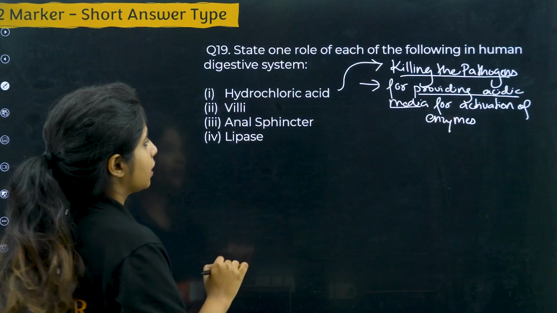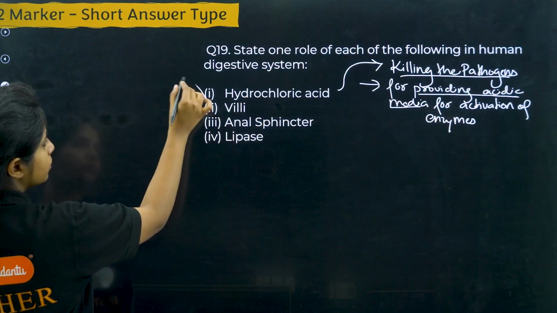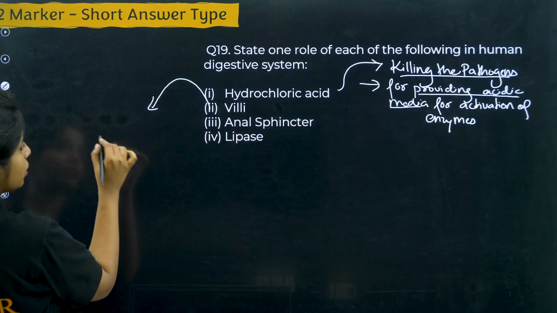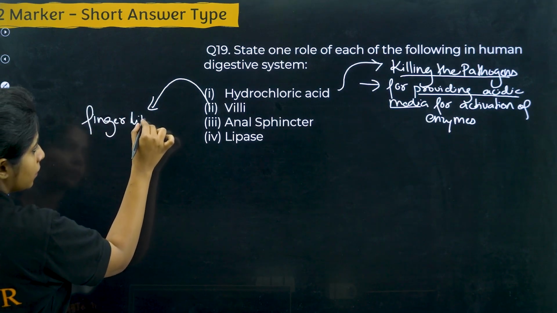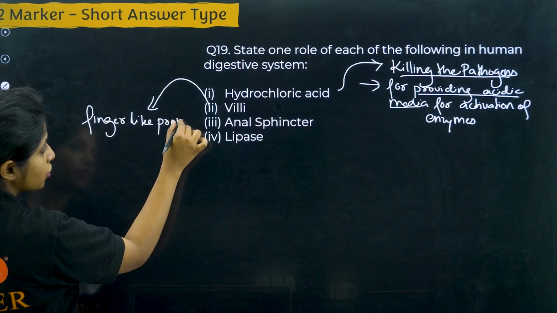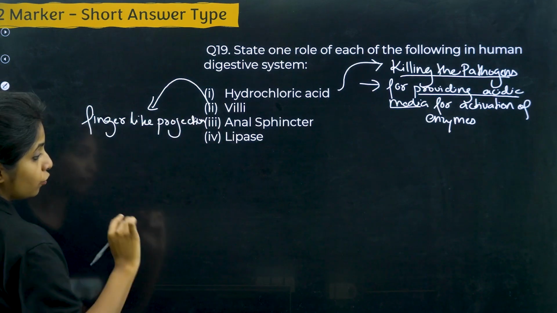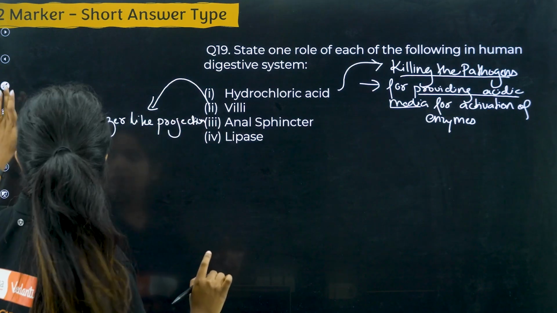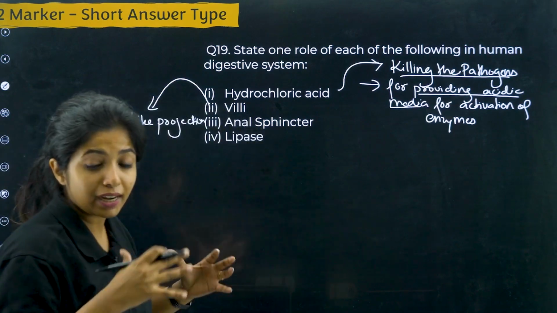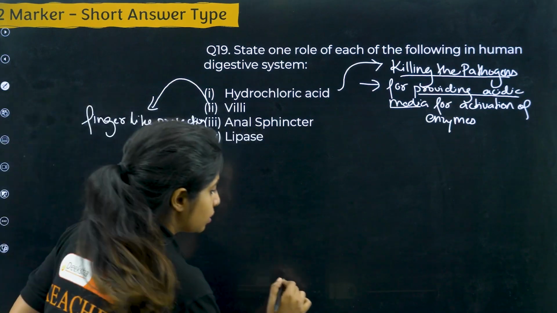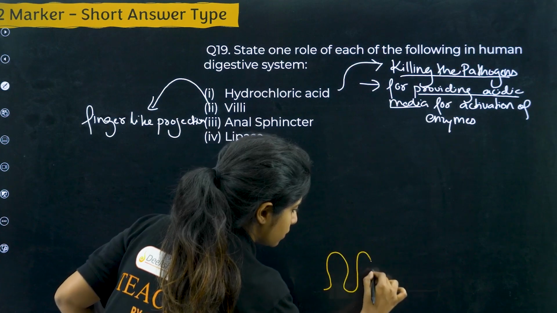Next thing, villi. What does villi do? What is the function they are asking here, children? You have to write they are finger-like projections. You know, right? If people would not know, I will make it for you, do not worry. In our intestine, if I am standing inside the intestine looking, there will be small finger-like projections like this.